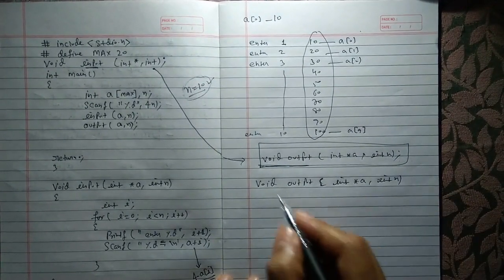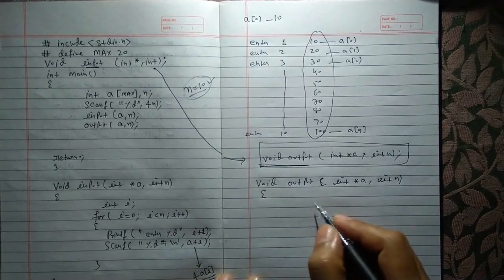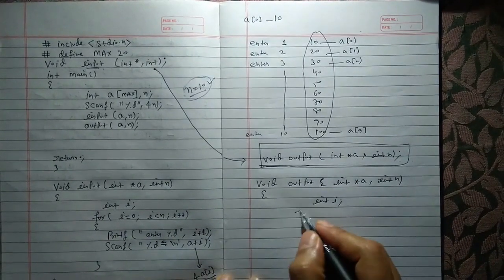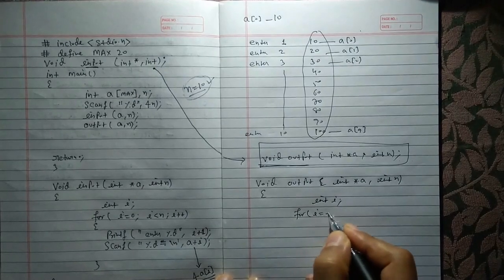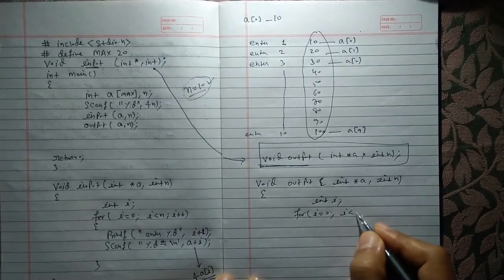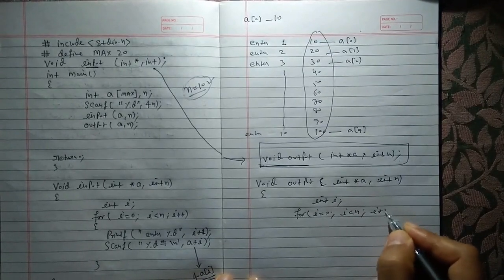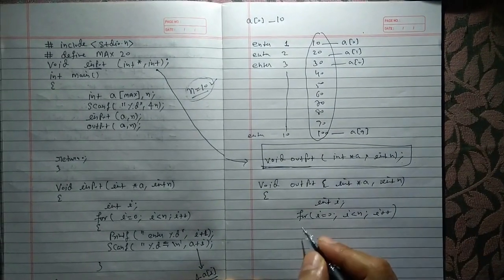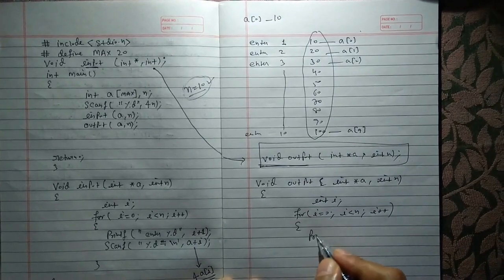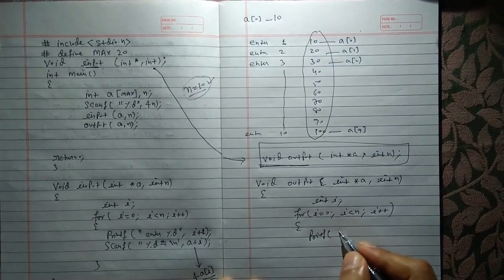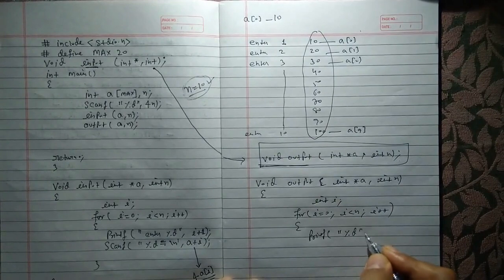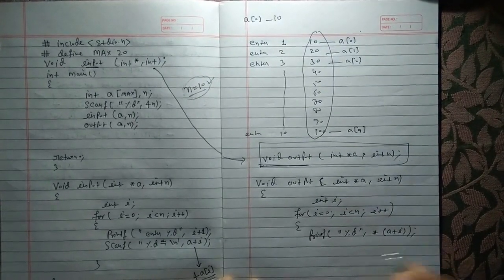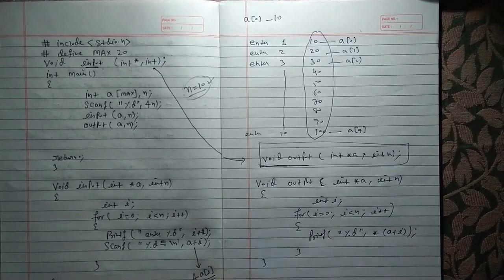Then curly bracket open, int I, for I is equal to 0, I is less than n, and I plus plus. Then printf percentage d, asterisk a plus I. So this is a way to write your code.